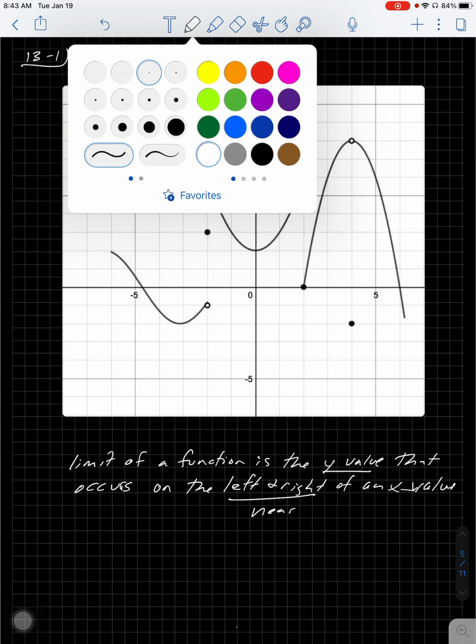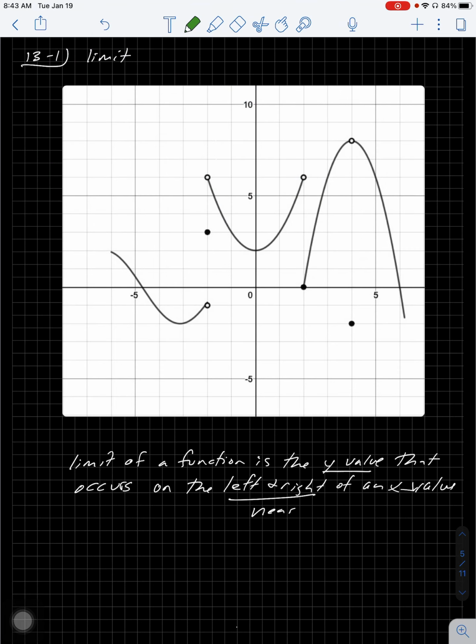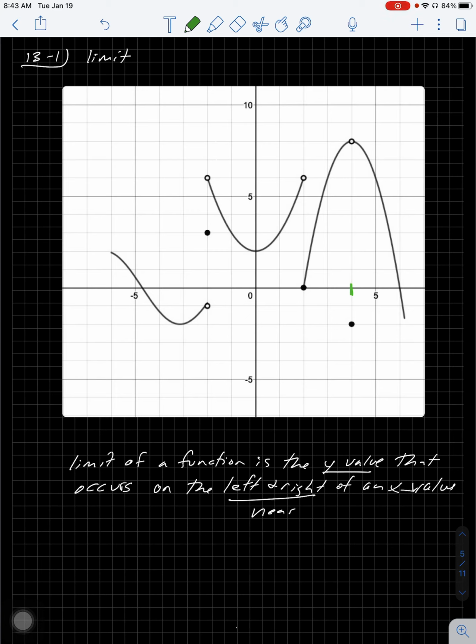If I pick an x value, let's say on this picture we pick the x value of 4. When I look directly at 4 and ask you what is the function value, you would say, oh, well, at 4, there's a hole up here. The function's actually defined here at -2.